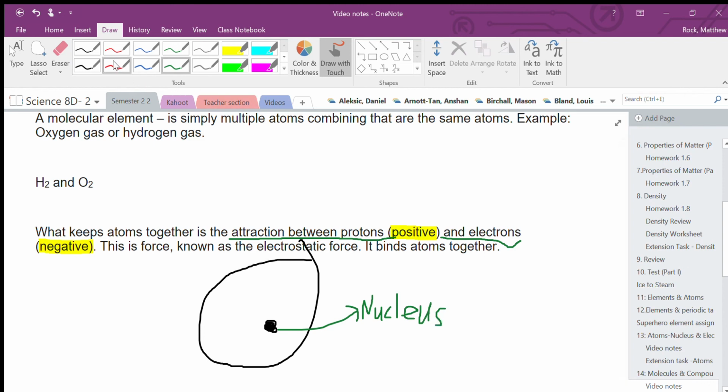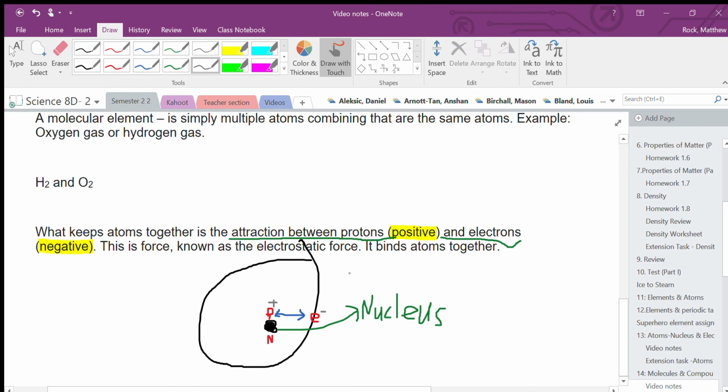Now we know that this is home to our protons and our neutrons, while our electrons are whizzing around on the outside. That's our structure of an atom. So it's the attraction between these two that keeps an element intact, or an atom intact. So remind yourself that a proton is positive while the electron is negative.